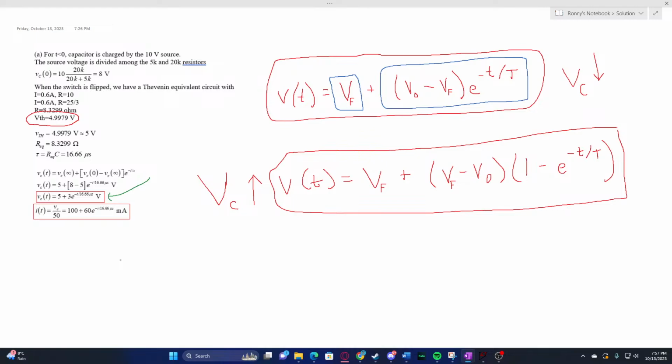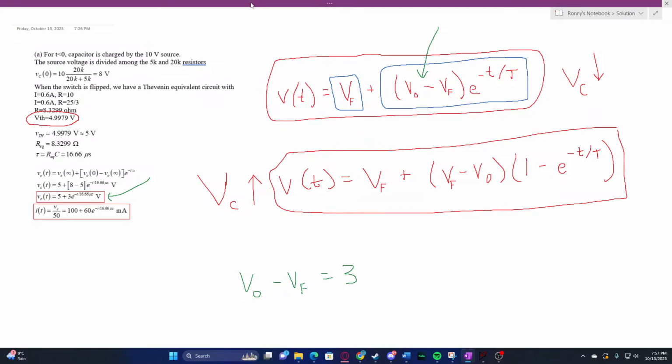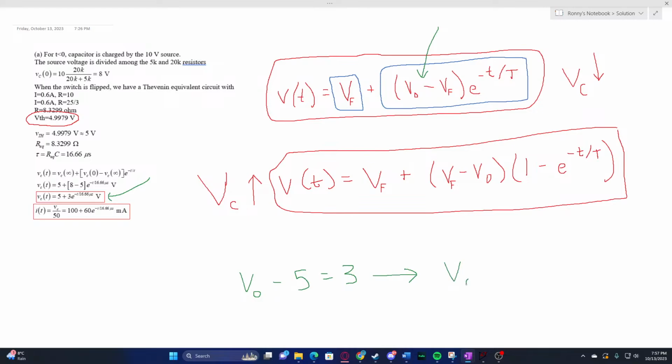I think that makes sense in my head because if you take this section here, if V0 minus VF equals 3, and the final voltage they're thinking is 5, then V0 would have to be 8 volts.